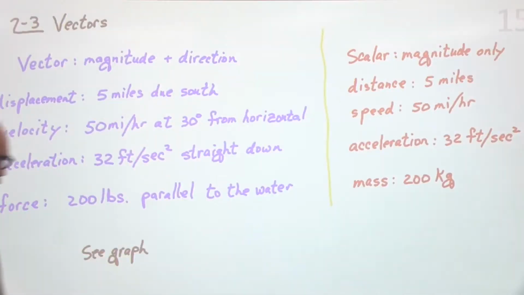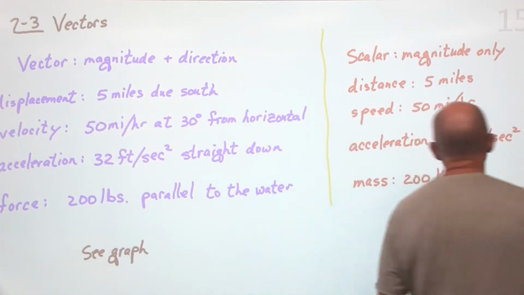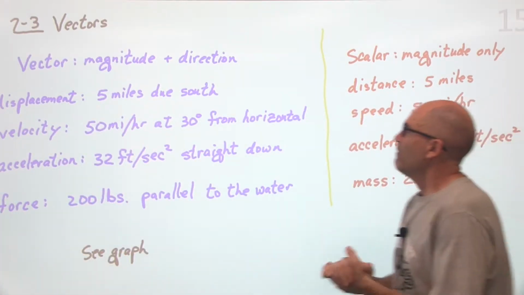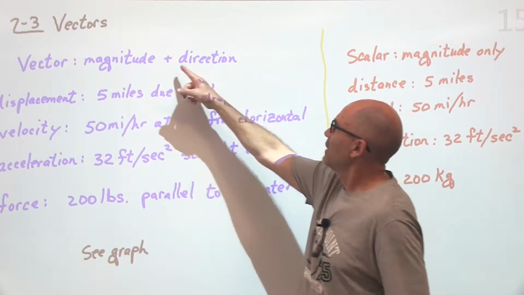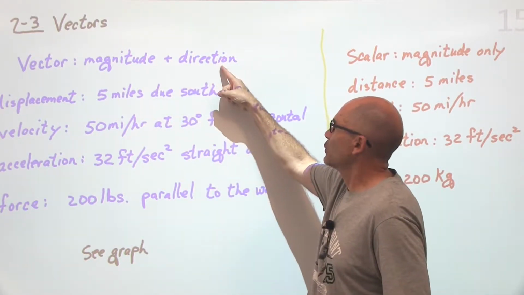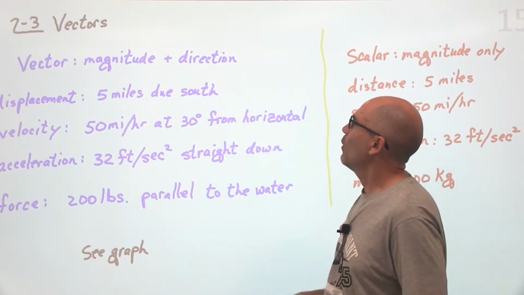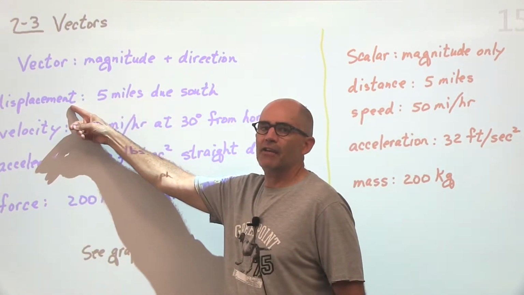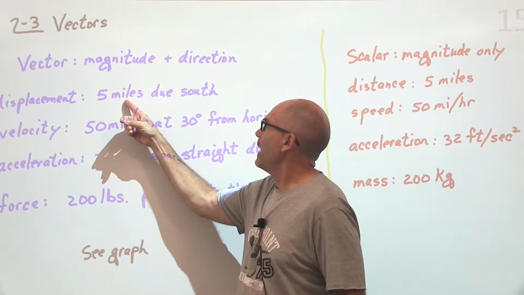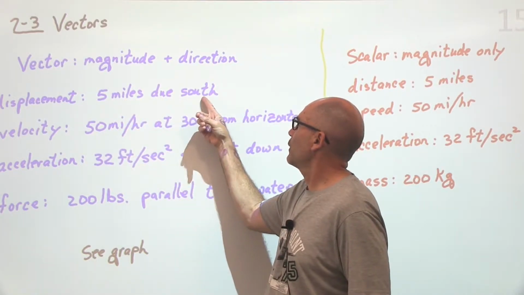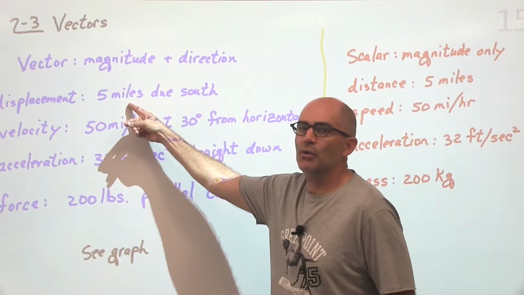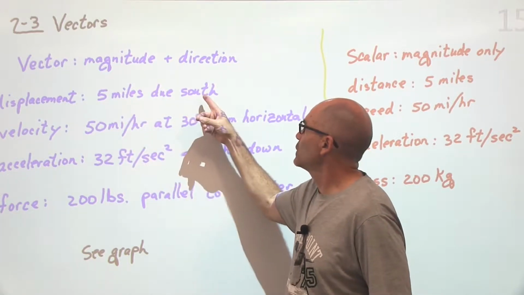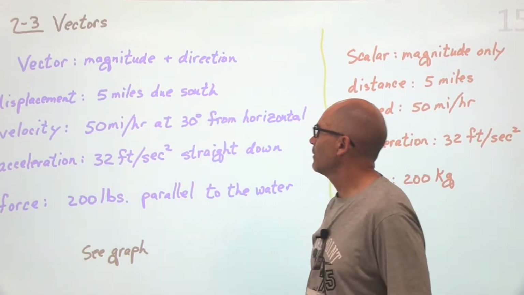Okay, so this next section is on vectors. Now, a vector is simply a magnitude and a direction. So, examples of these: displacement, that could be a vector. 5 miles due south. 5 miles is the magnitude. How far is it? Which direction? Due south.